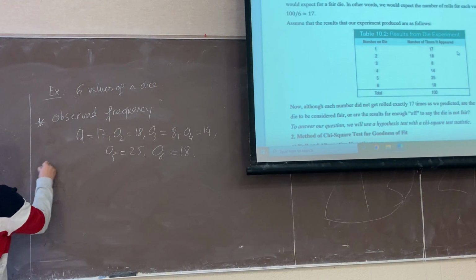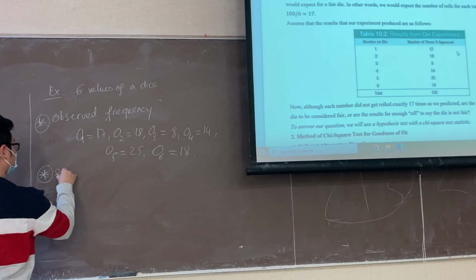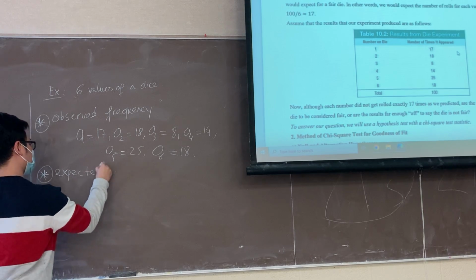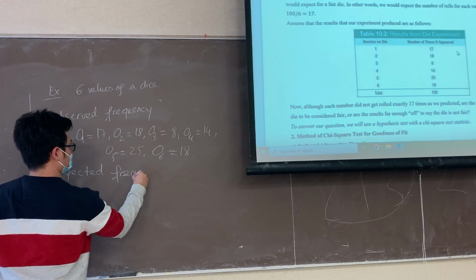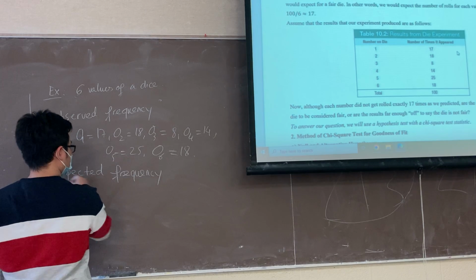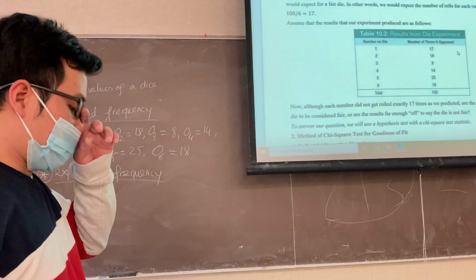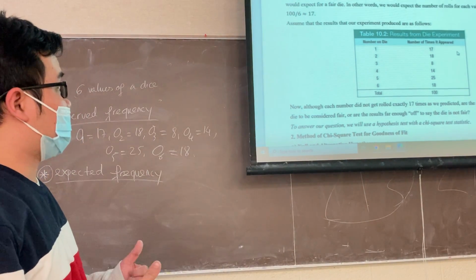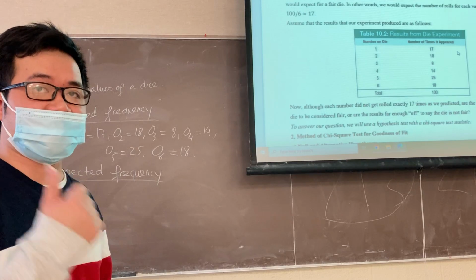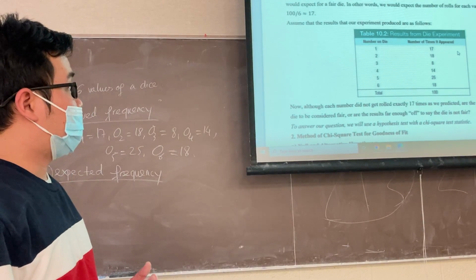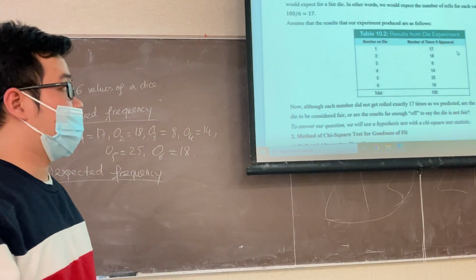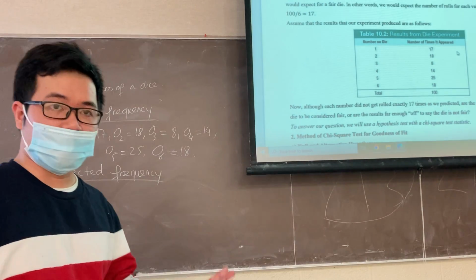Now we will talk about the expected frequency. As I mentioned before, you want to check if the dice is actually fair. That means the probabilities of the values 1, 2, 3, 4, 5, 6 are equal.